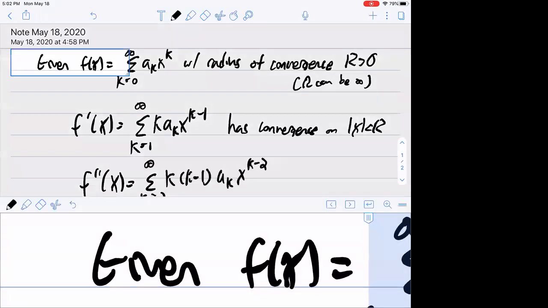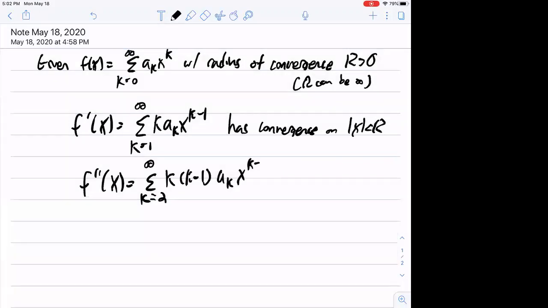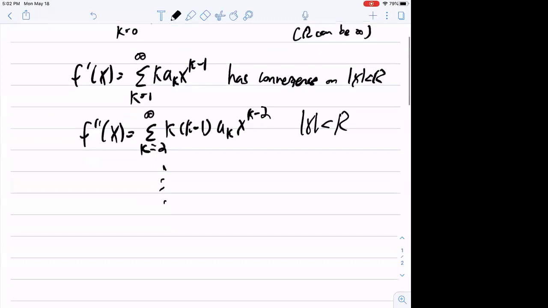And then by the same argument, this thing converges on absolute value of x less than r, and so on and so forth. So you have the nth derivative is the sum from k equals n to infinity.